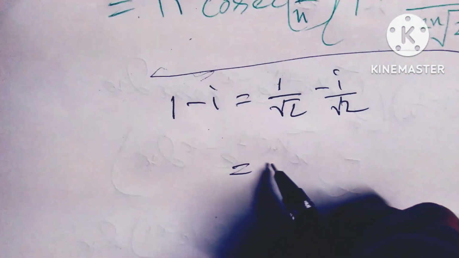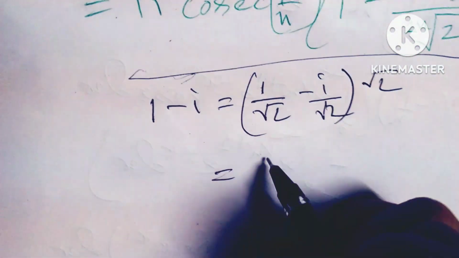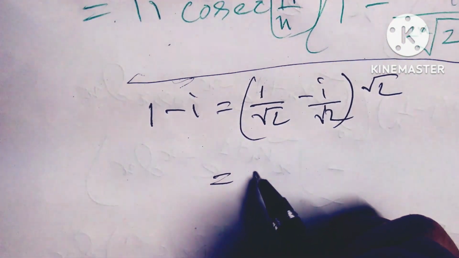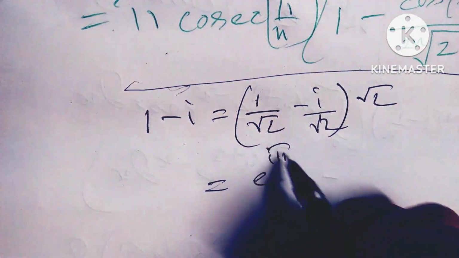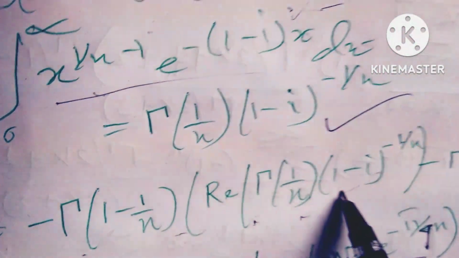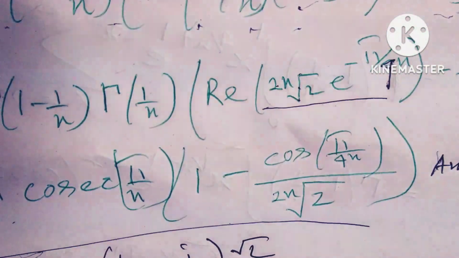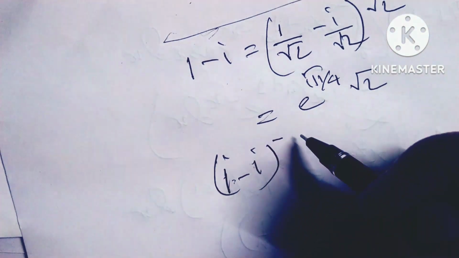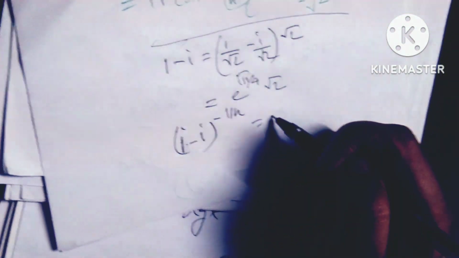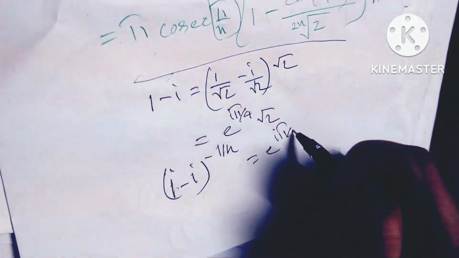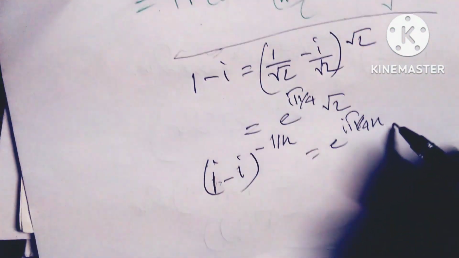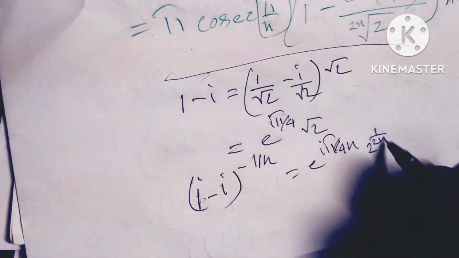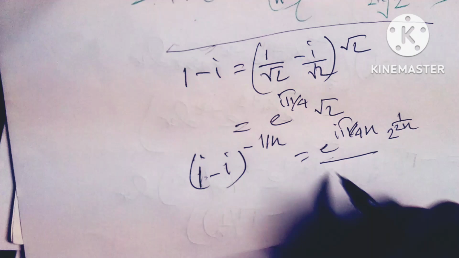And it can be written, I can multiply by root 2, and this can be written as e to the power minus i pi by 4 root 2, and I apply this value 1 by i whole to the power minus n, so real 1 minus i whole to the power minus 1 by n can be written as e to the power i pi by 4n and root 2 to the power 1 by 2n, and this is the real value.